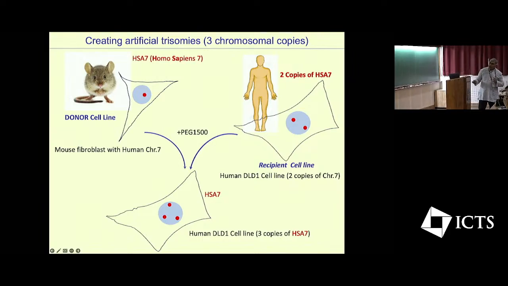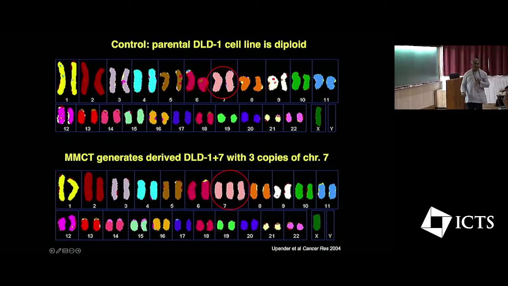So here we now have a human cell line which has 3 copies of Homo sapiens chromosome 7, and you will see the result again in a spectral karyotyping image shortly. So this is the control cell type. You can see that all the chromosomes are in 2 copies, and you can see this is chromosome 7 in 2 copies. Don't worry too much about the Y chromosome, it is useless anyway.